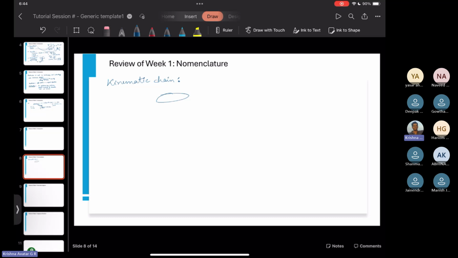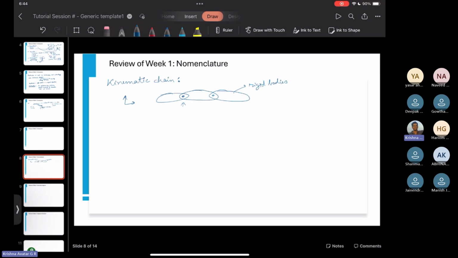Again, I'm just reiterating: some set of rigid bodies which are connected. If the rigid bodies are independent, then it does not make sense; we cannot make any particular use of them. It's only when they are connected that they can be made to serve some purpose. So these are all individual rigid bodies.